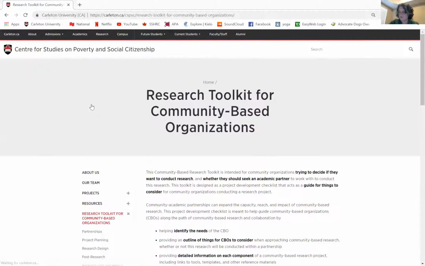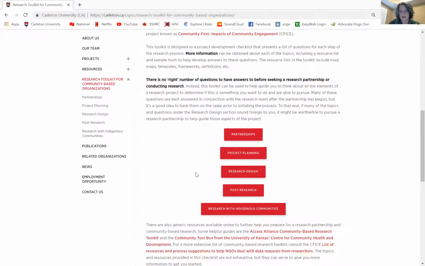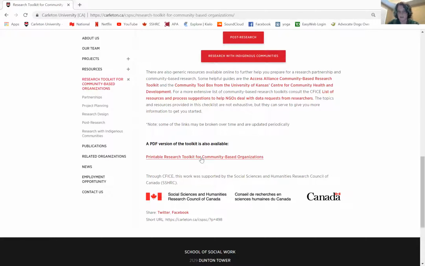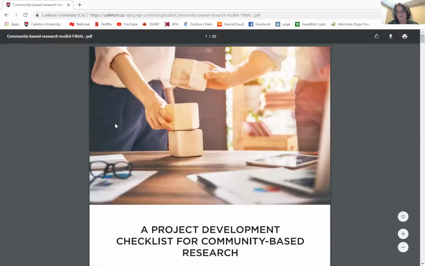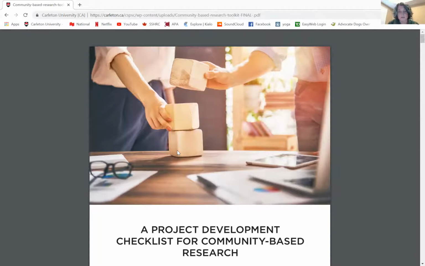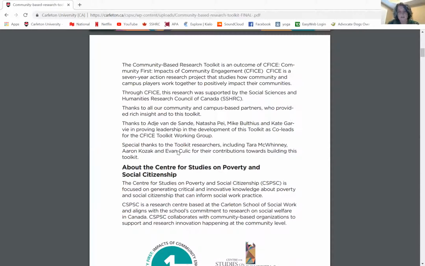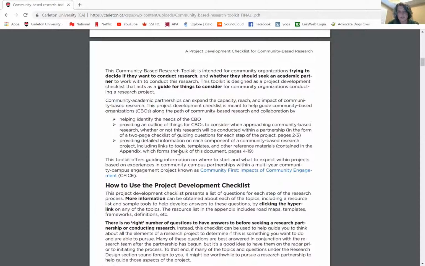We also have the entire toolkit, including the links to the resources, available in a downloadable form, so if you want, you can have it on your desktop and go through it. This includes the entire checklist.